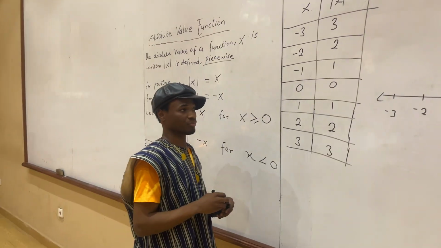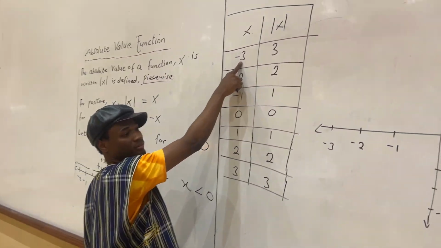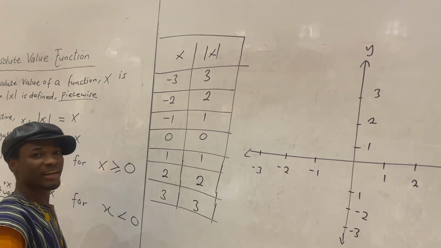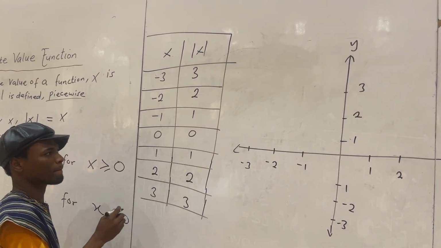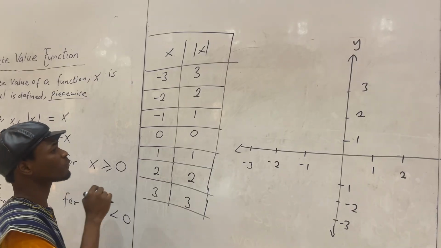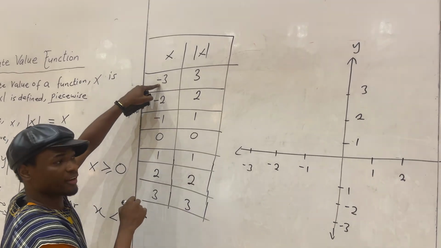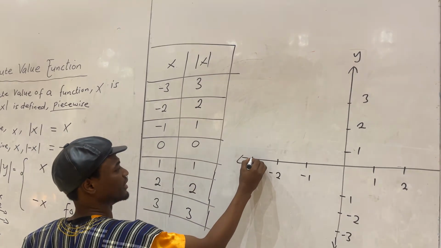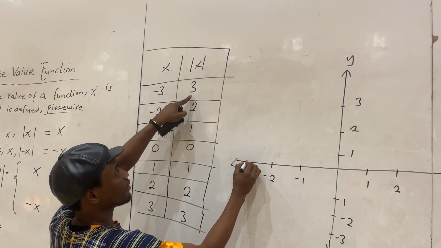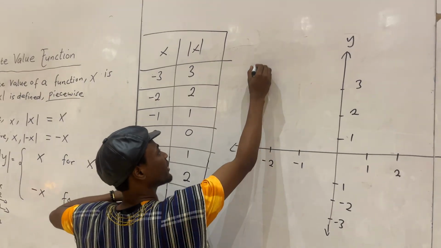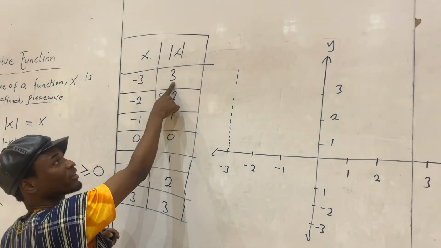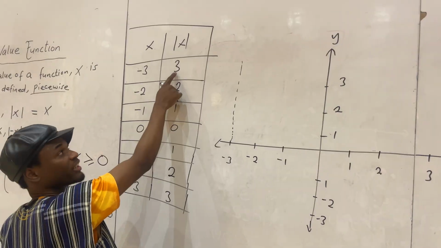So viewers, let's start from this. So negative 3, right? Good. So we can read this way. If I have negative 3 here, and positive 3, where is the corresponding coordinate for this?